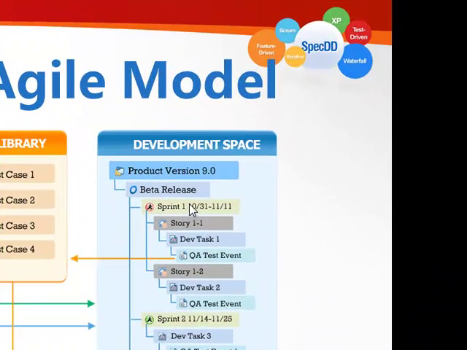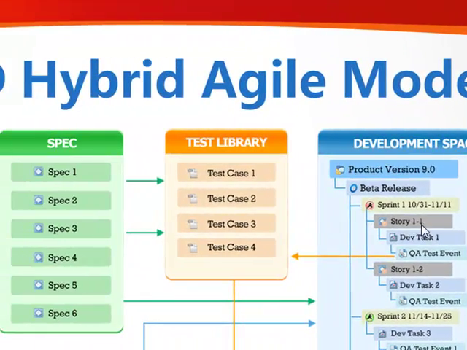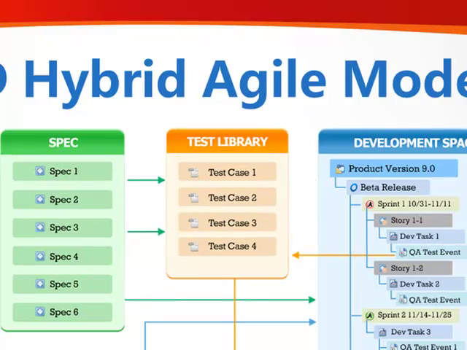So within the development space, that was the sprint, the stories, and then, of course, the dev task, the actual development task that the developer is tasked with. Another difference is this next section, the QA test event. Now these are the items, the actionable tasks that are assigned to the QA floaters.